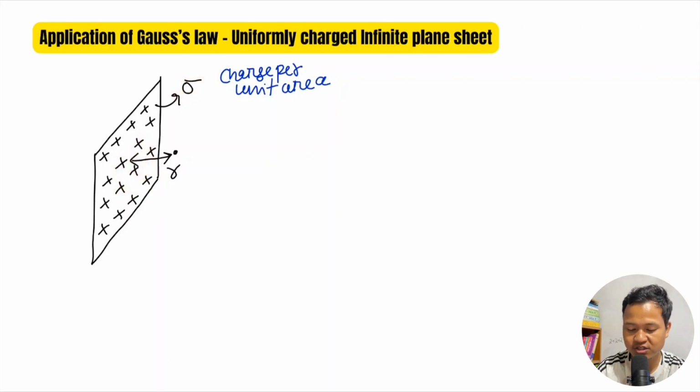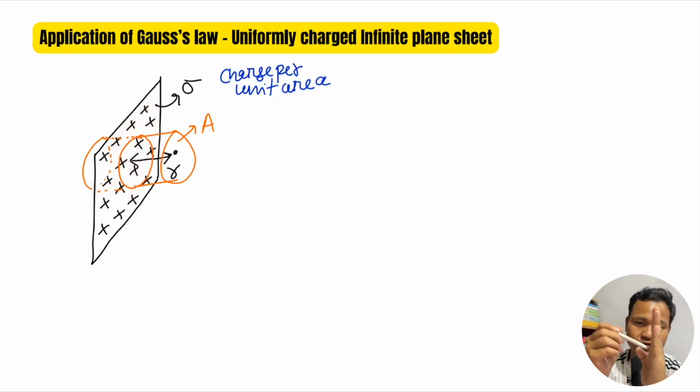Here, for the Gaussian surface, take a cylindrical Gaussian surface, something like this. Let's say the area is pi r square, so let's say here the area is A. Since it is a plane surface, you have two areas, the front side and the back side.